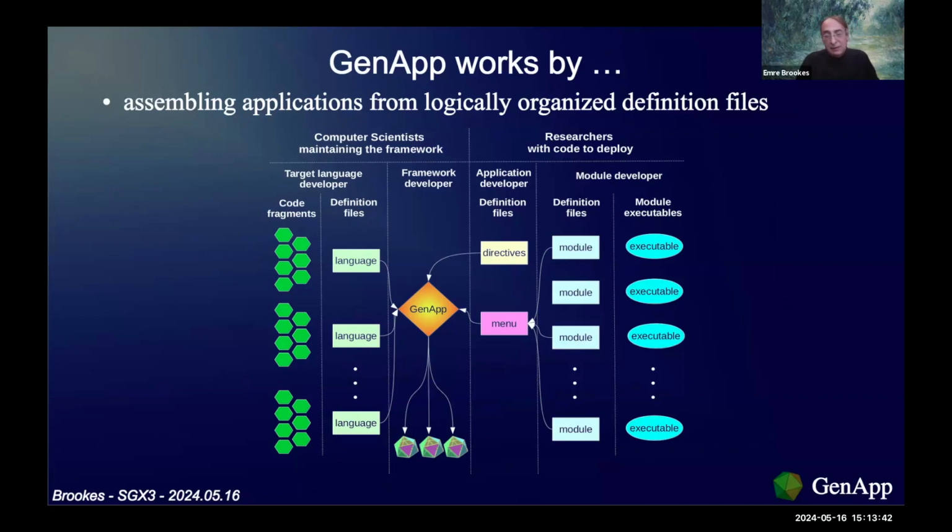Typically, there are some Fortran codes, C codes, Python codes. I think those were the initial pool of languages. So the idea was to divorce them from the computer scientists that are helping it work.